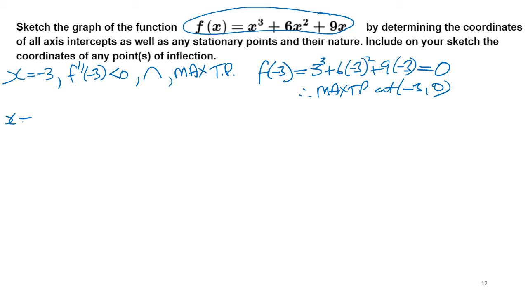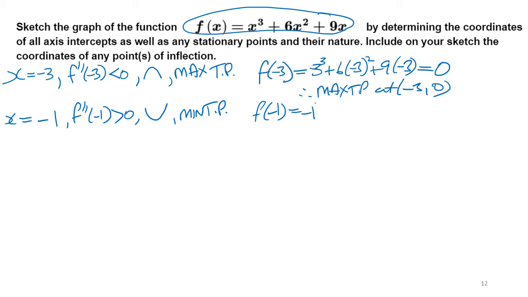Likewise, you do the same thing at the other turning point at x equals negative 1. F double dash negative 1, we found it to be greater than 0, which means it's concaving up. So it has to be a minimum turning point. We also need to find the y coordinate of this one. So we sub negative 1 into the original equation.